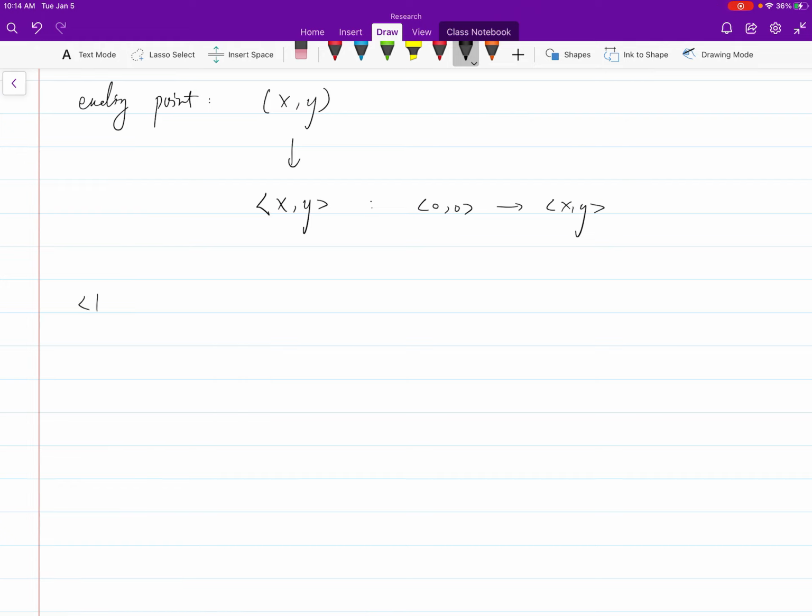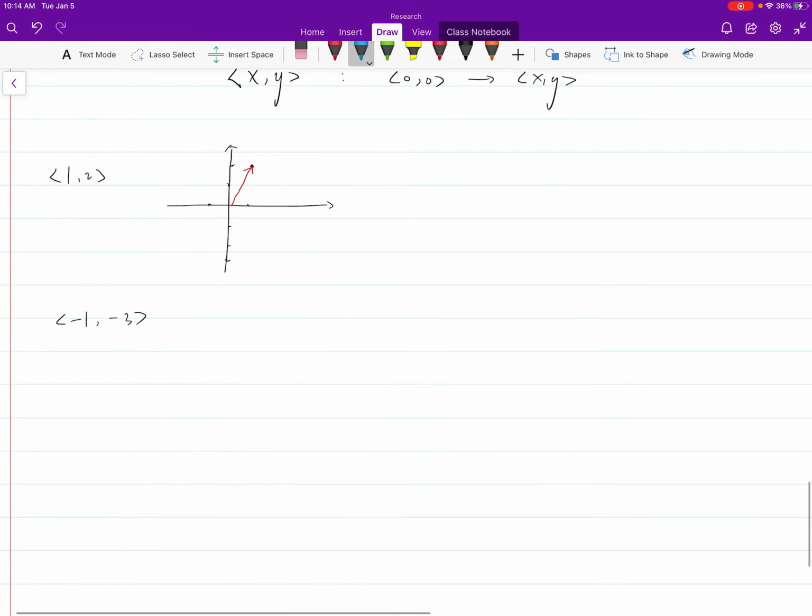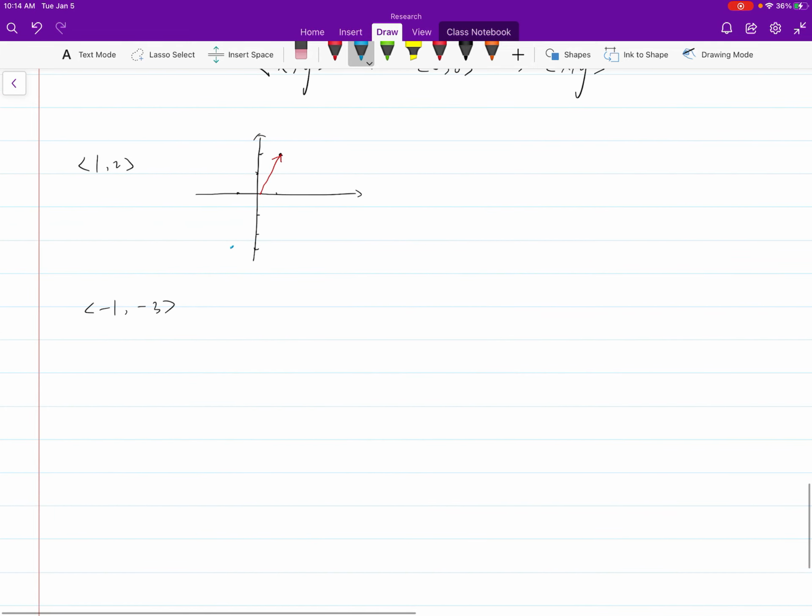Okay, so let's draw several vectors. Can you draw the vector 1, 2? This is the point 1, 2, then this is the vector 1, 2. It points 2 units up, 1 unit to the right. Can you draw negative 1, negative 3? Okay, 1, 2, 3, 4.